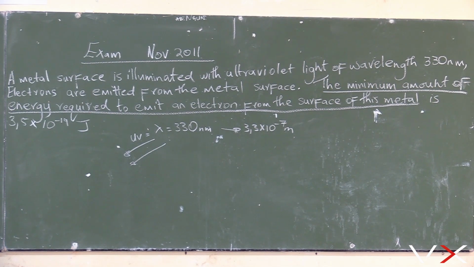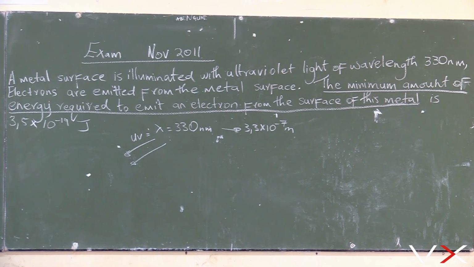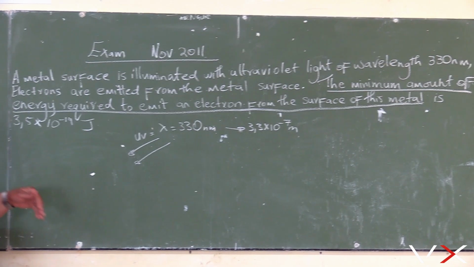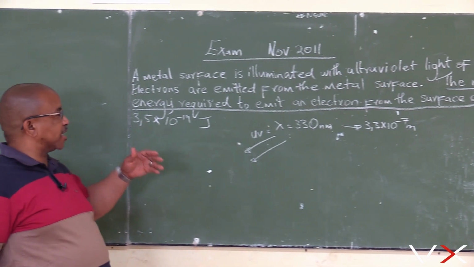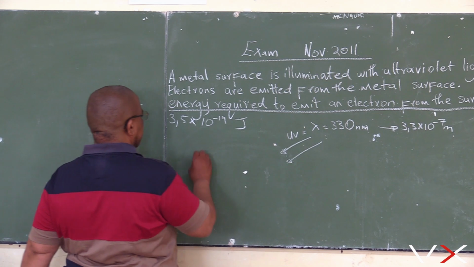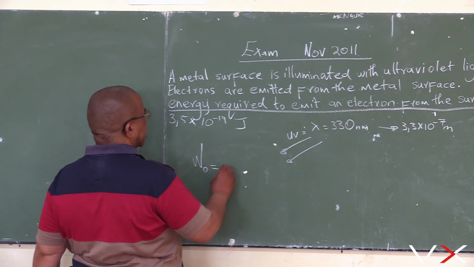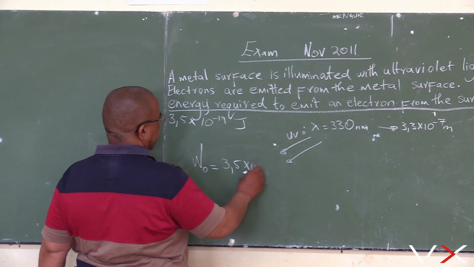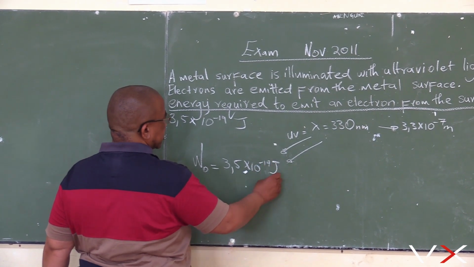But the minimum amount of energy required to emit electrons from the surface of this metal, that smaller energy that is required, that is the work function. The work function of that metal is 3,5 times 10 to the power minus 19 joules.